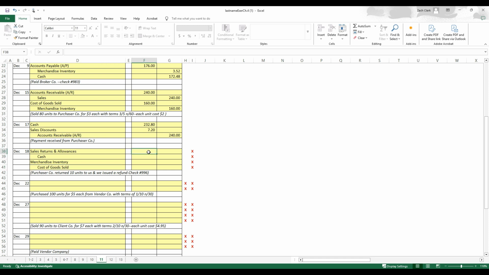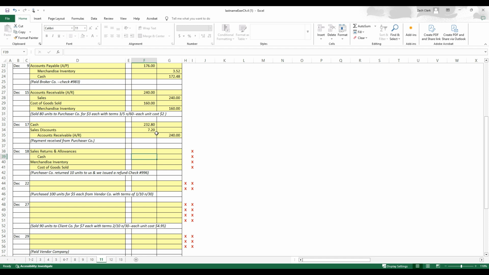Okay, so let's see, what was the amount that they returned? So 10 units, and we want to figure out how much the sales return was, and we need to factor in the discount that they paid as well.